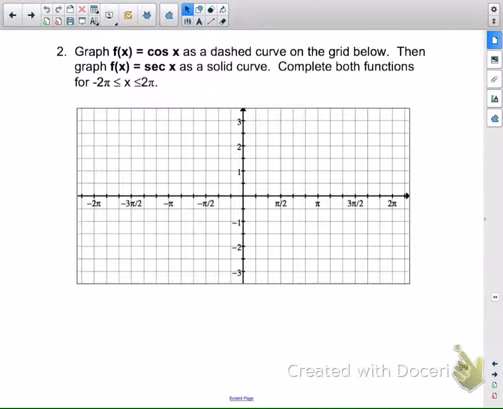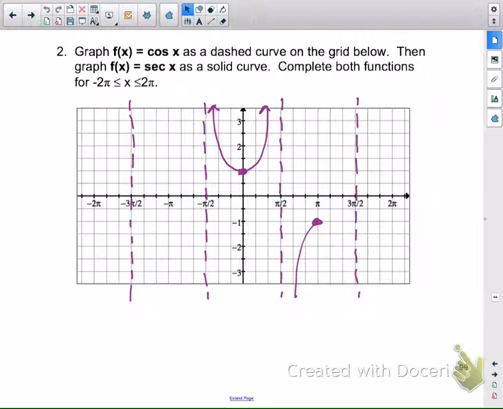All right, so what the graph of this looks like, we said we have asymptotes at pi over 2 and 3 pi over 2, which makes them at -pi over 2 and -3 pi over 2. At 0, the value was 1, which means right in the middle here is an upwards facing u. At pi, the value was -1, which means it's a downward facing u.